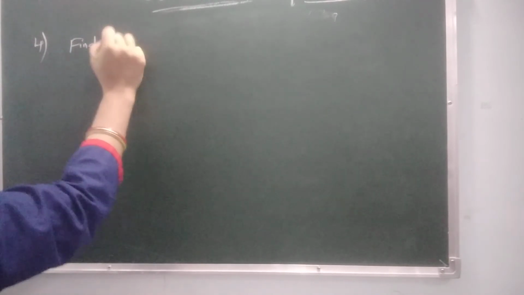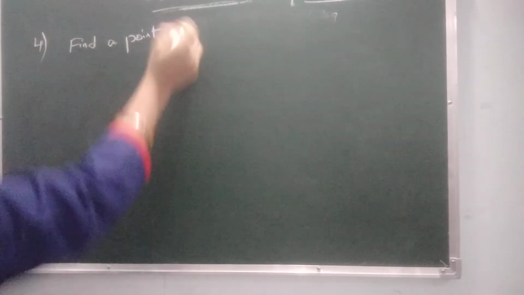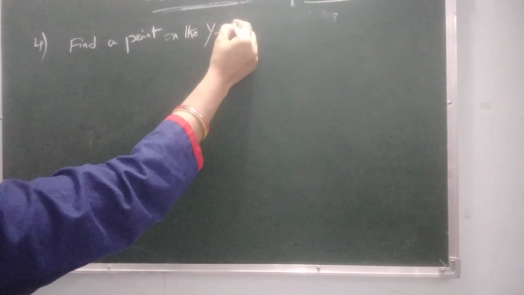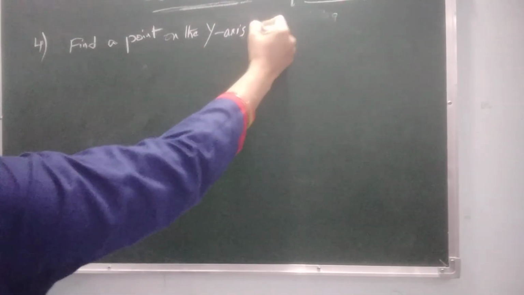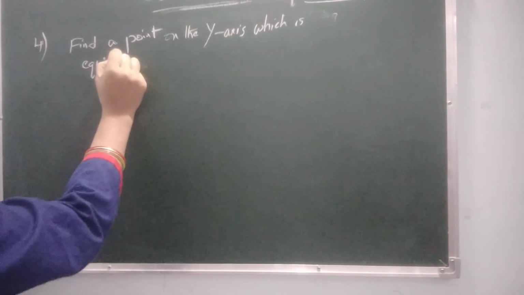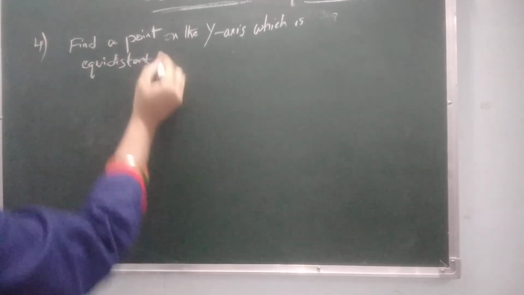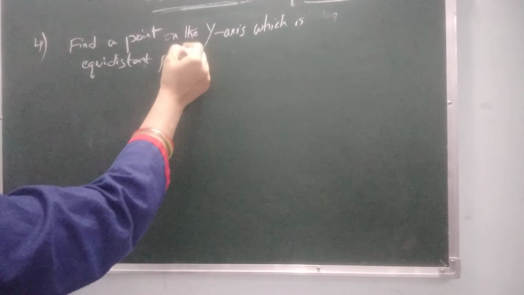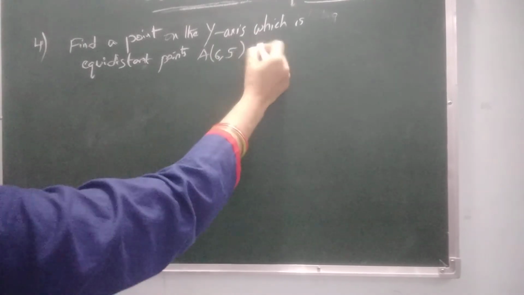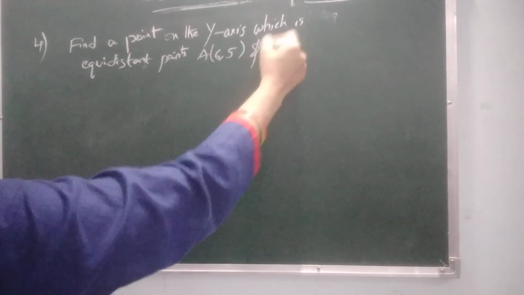Find a point on the y-axis which is equidistant from both the points A (6, 5) and B (-4, 3).